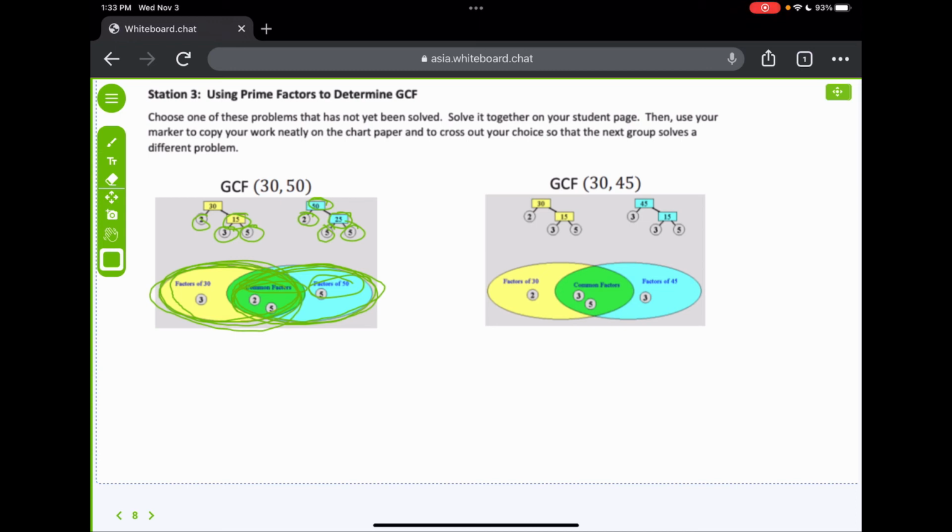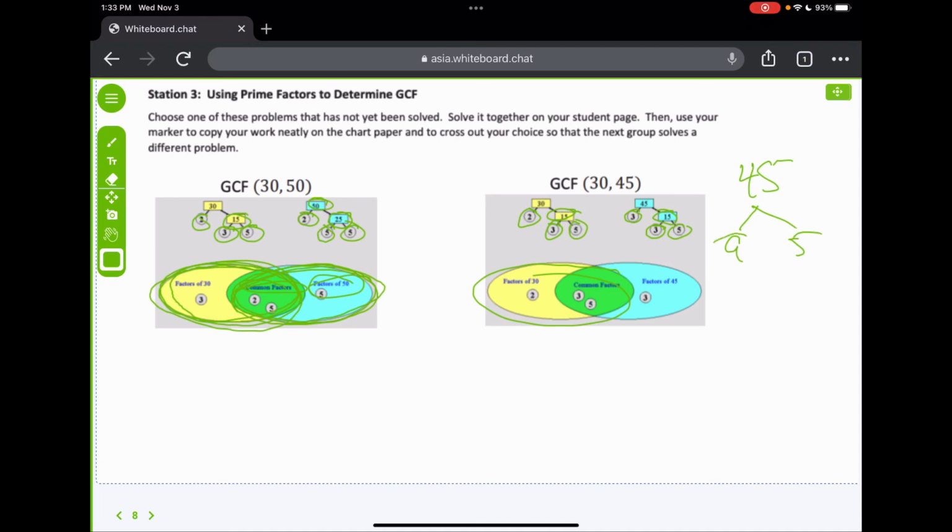Okay. Same thing for this one. 30, well, that's all the same stuff. 2 and 15, well, 15 breaks down to 3 and 5. Now 45 can break down to 3 times 15, and then it can do 3 and 5. Okay, so just for example, what if we broke 45 down to 9 and 5 instead of 3 and 15?